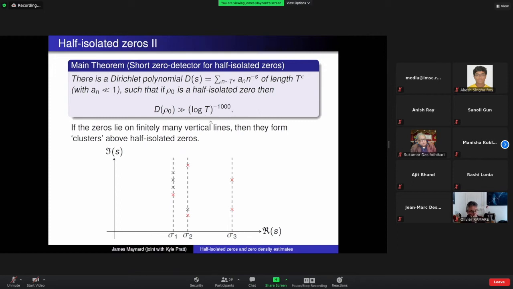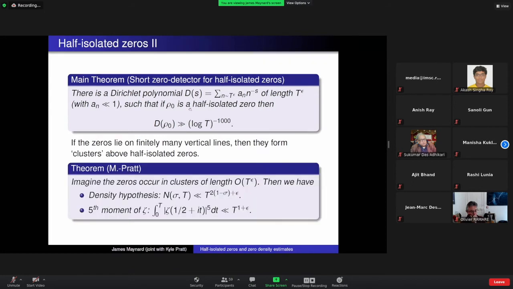And so since you have this nice clustering behavior, you suddenly have fairly strong information about the vertical distribution of zeros away from the half line, and you can then work this into lots of traditional techniques for detecting zeros.